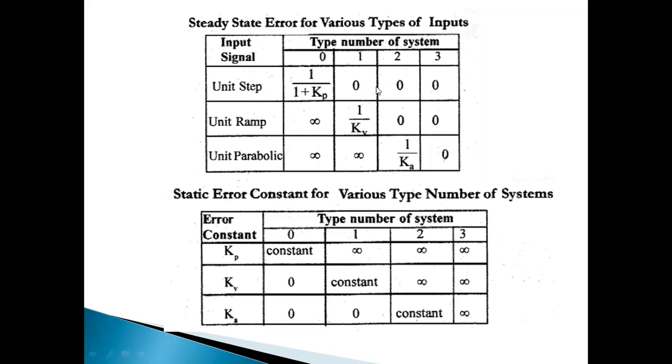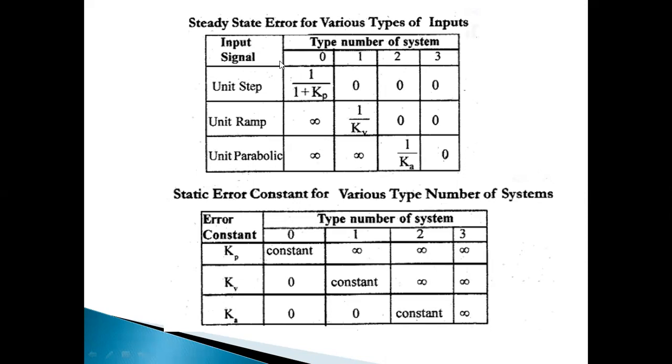When the input is unit ramp input, the steady state error is 0 for type 2 and above systems. When the input is parabolic, the steady state error is 0 for systems of type 3 and above, and so on.